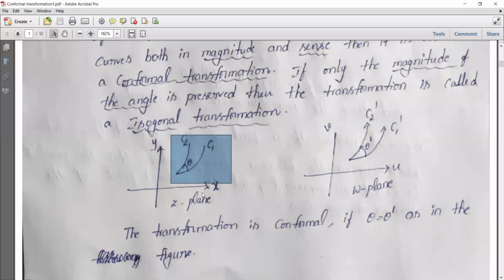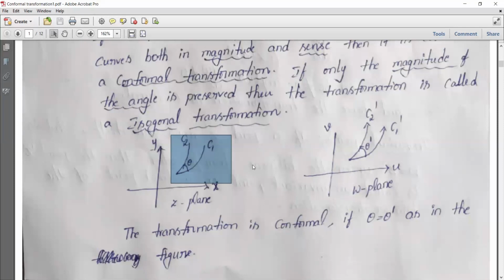So to each curve in the Z plane, with the help of the transformation w is equal to f of z, we will get another curve, say C1 dash, in the W plane. Suppose we have a C2 curve in the Z plane; under the transformation w is equal to f of z, we will get some other curve C2 dash.